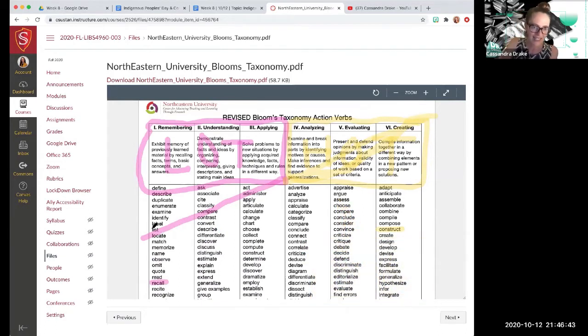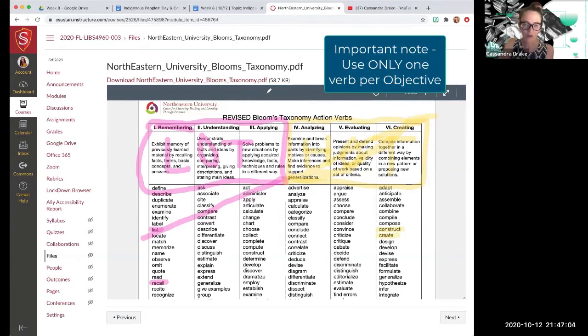Or list, what are the 50 capitals of the United States? That's a lower order thinking skill, because you're only asking them to remember something. Versus, like I said over here, asking a student to construct or create something is going to be a higher order thinking skill. So hopefully that kind of makes sense.